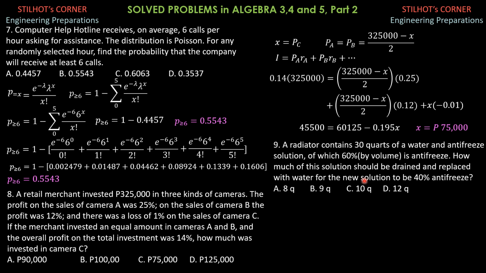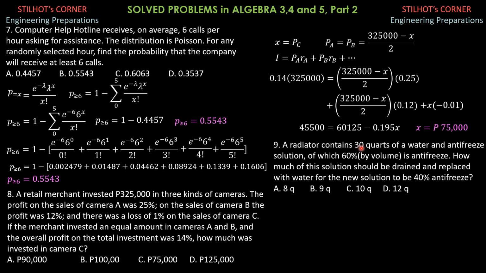water X. So therefore, if we are talking of antifreeze, then the pure amount of antifreeze left after we drained the solution would be 0.6, or the amount left would be 30 minus X, where X is the amount to be drained and to be replaced with water.